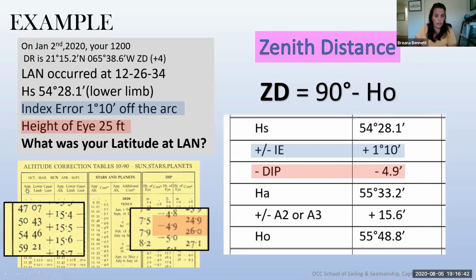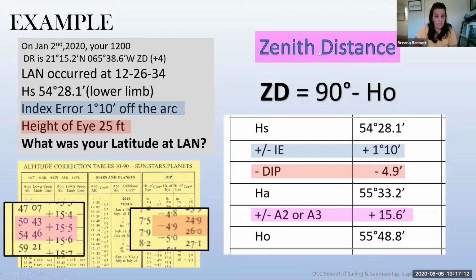So we go in with our apparent altitude, HA, 55.33. What do we have? 55. Okay, yeah, 15.6. I feel like my little symbol should be lower. Anyways. So we have a correction of 15.6. We're going to add that, and now we have our HO.